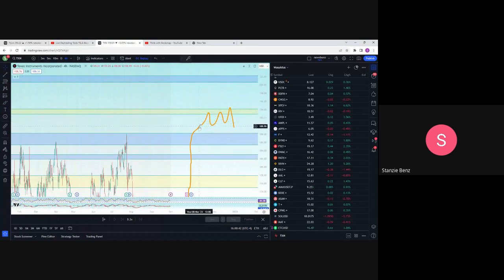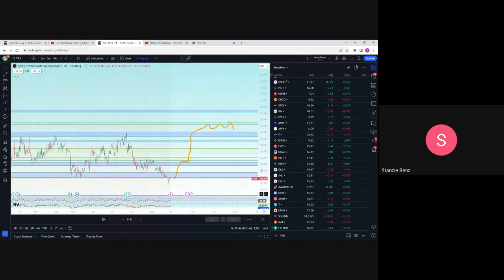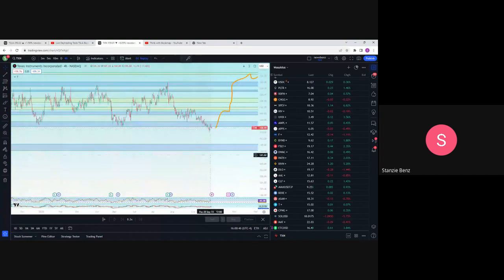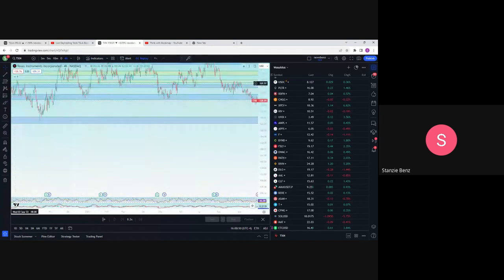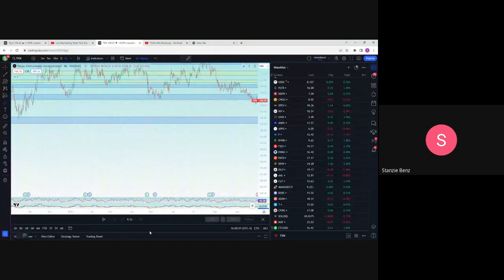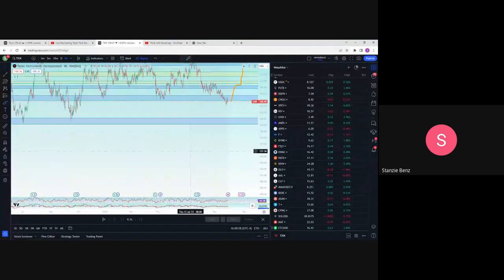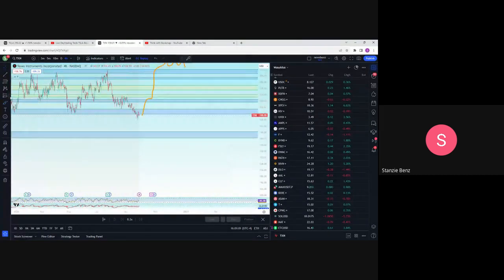That can happen on the daily, on the hourly, on the 10-minute. For it to happen on the daily, it needs to be a big move. Let's say the price went like this and it did a big bounce, big bounce, big bounce.